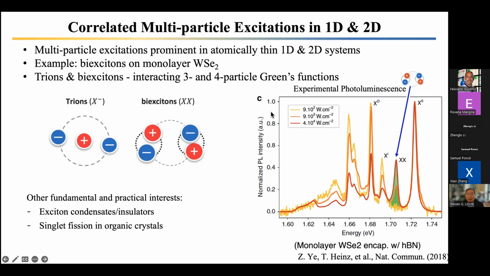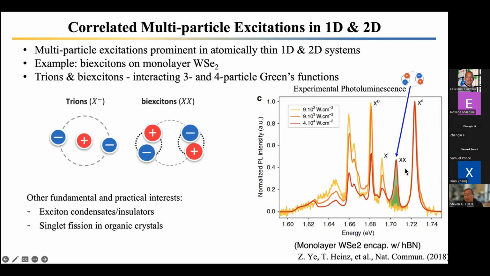What's shown here is the photoluminescence intensity at different fluence of the excitation light. And what you see is this peak here labeled XX that changes with the fluence intensity. This peak, in fact, has been identified as a bi-exciton and studied quite well experimentally.